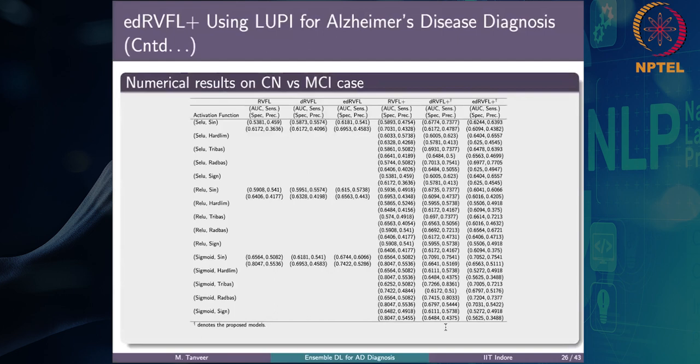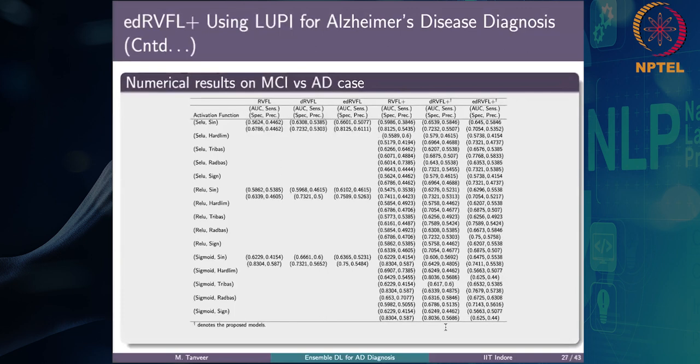And we also have another case, control normal with MCI, that is mild cognitive impairment. So this is the case just before Alzheimer disease. So here we also have done exactly on the similar case. And we have the highly complex one, that is MCI versus AD. MCI is just before AD. So to distinguish two MRI images is really very difficult.